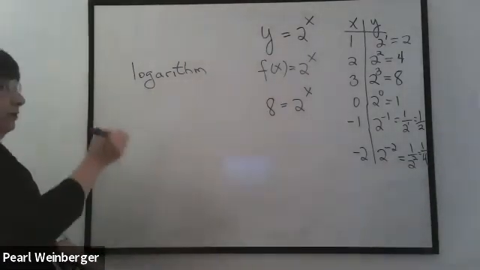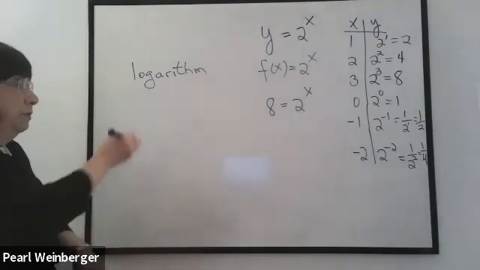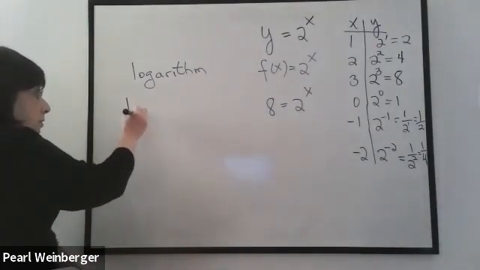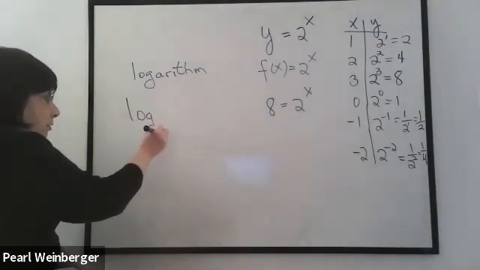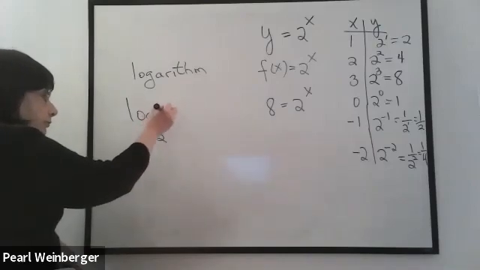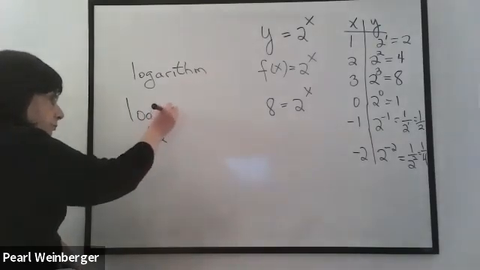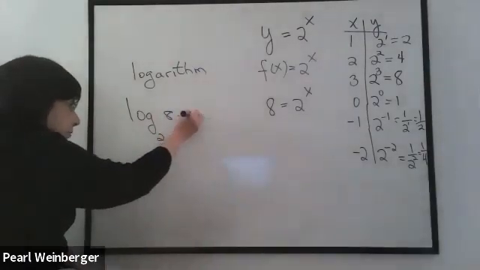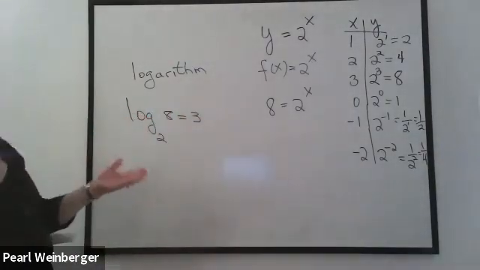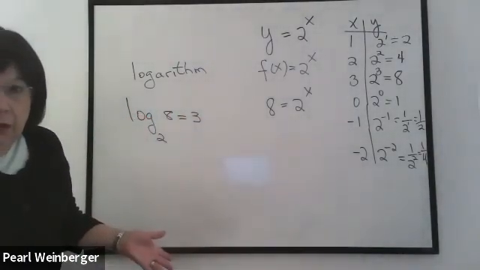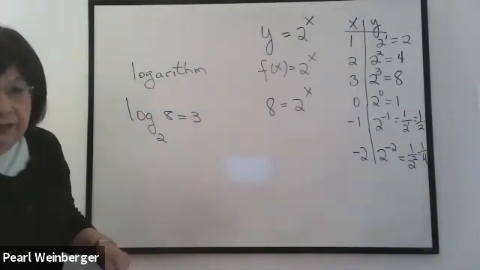I'm sure you might have seen at some point something that looks like this: log 2 of 8 equals 3. You may have seen that written, but what does that mean?